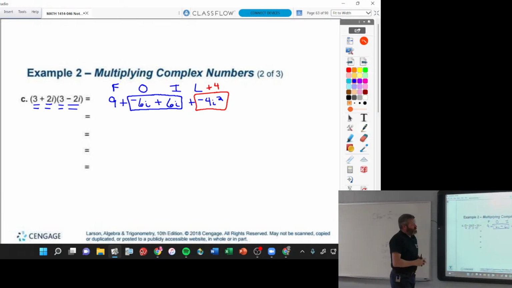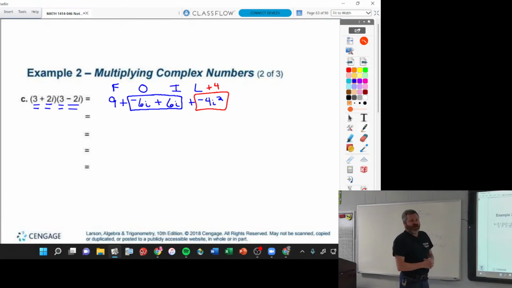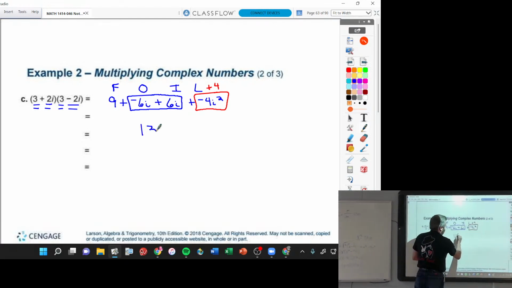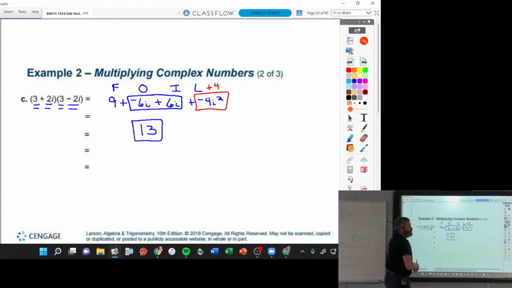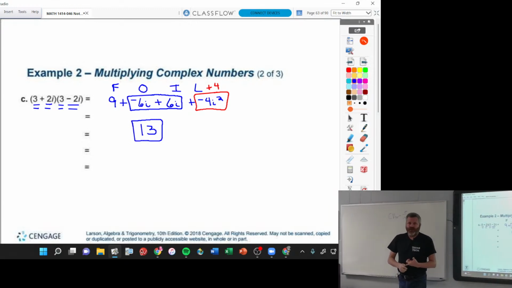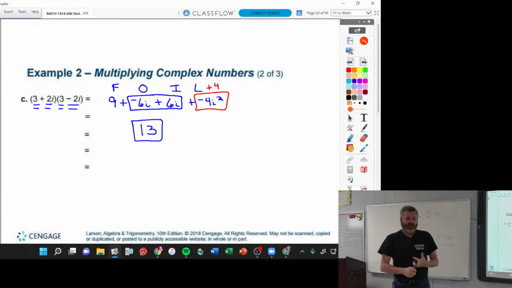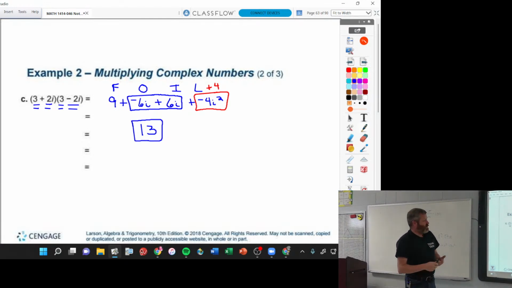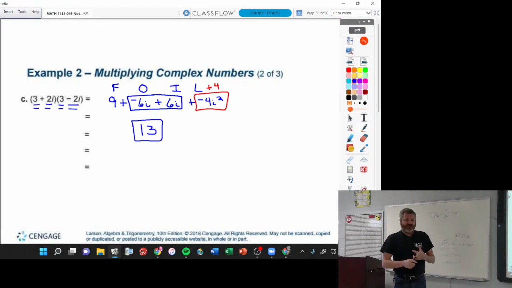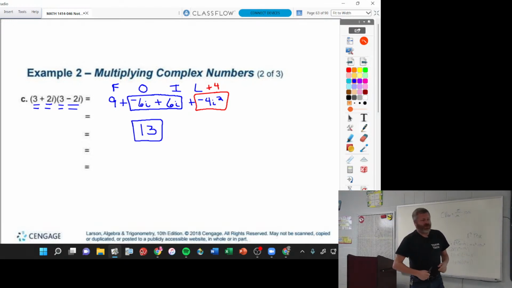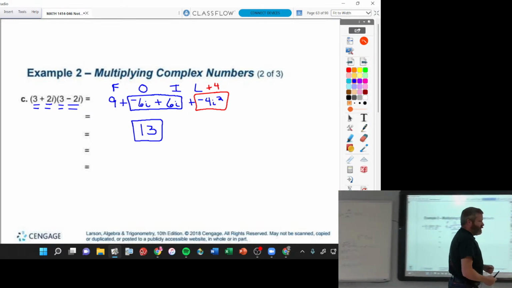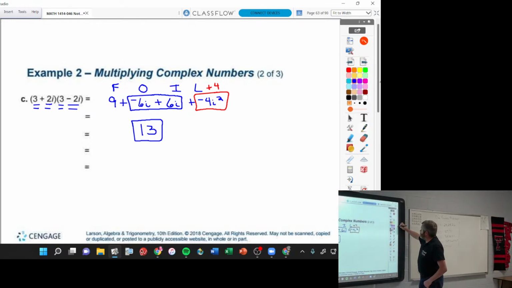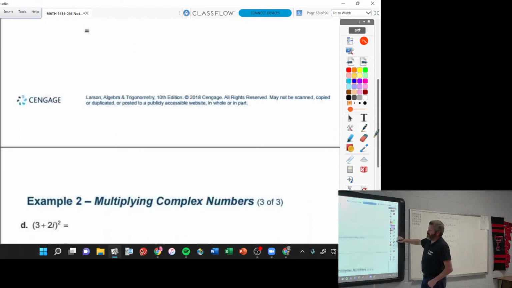Well, if negative 4i squared is 4, and I've already got a 9, and the inside's canceled, I have 9 plus 4, which is 13. So what happens here is I had a complex number. I multiplied that complex number by its conjugate, which is also a complex number. And notice that a complex number times its conjugate is going to result in a real number. And that's going to be important on simplifying as we try to get rid of complex numbers.